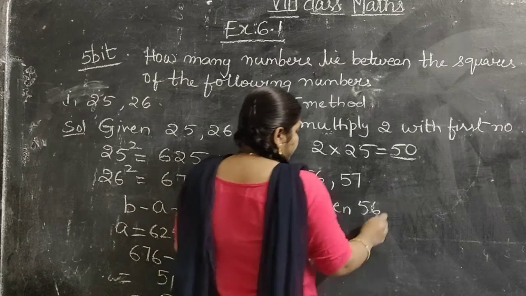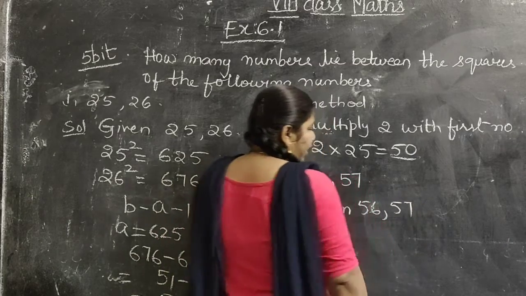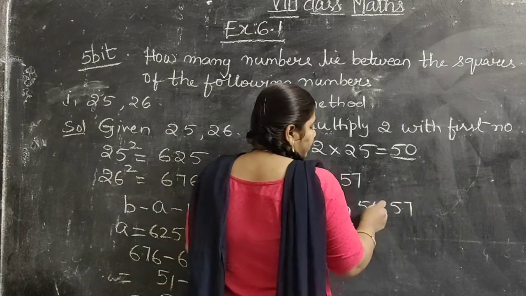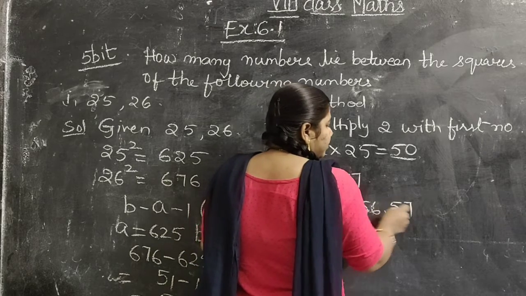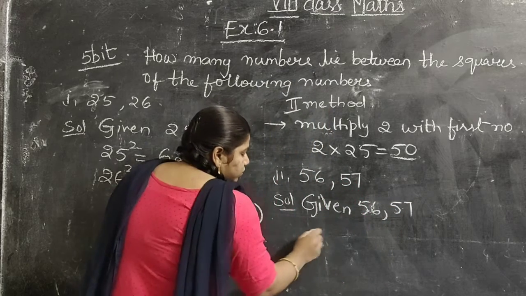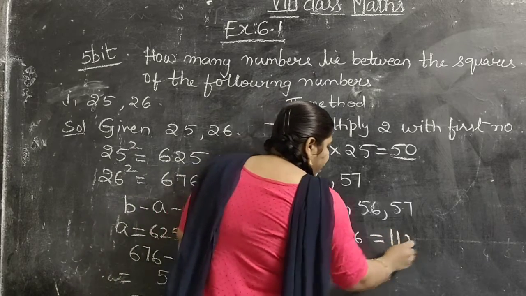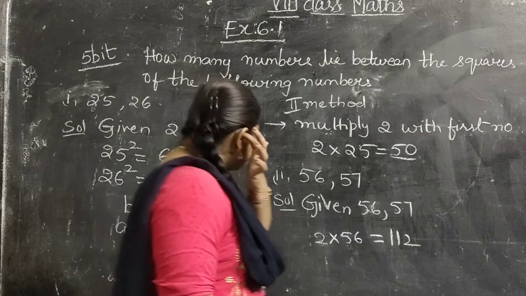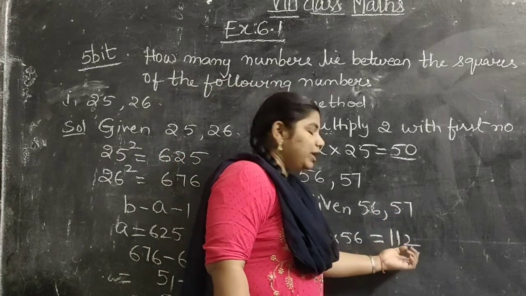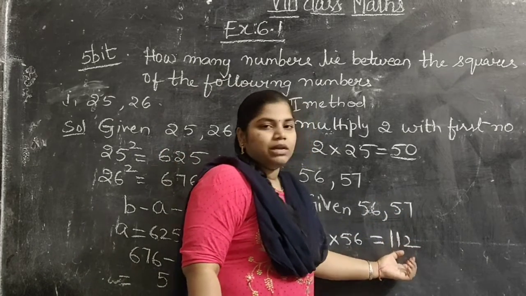Given 56, 57. We have to find how many numbers will lie between these two squares. So that is 2 into 56, that will be 112. That means between 56 square and 57 square, how many numbers are there? Total 112 numbers will be there.